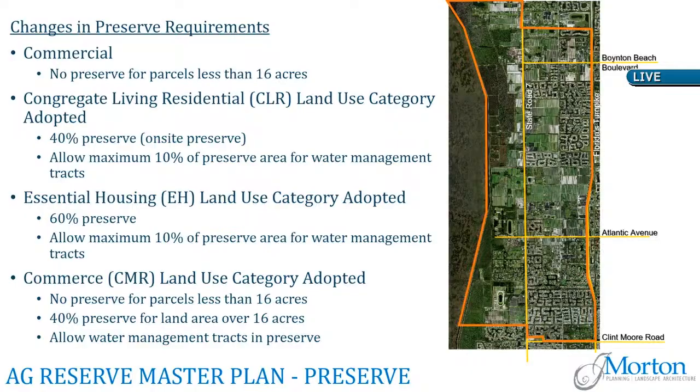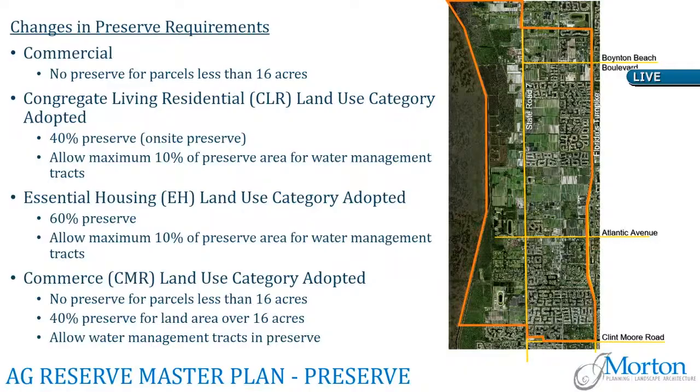One of the early on changes was to allow for Bethesda West Hospital. But over the last 10 years, the Board of County Commissioners has adopted lower preserve requirements and provided more flexibility to preserved areas as identified on this list.